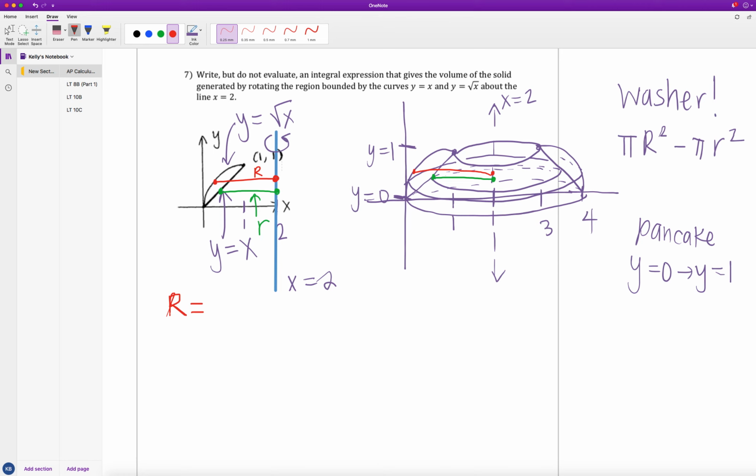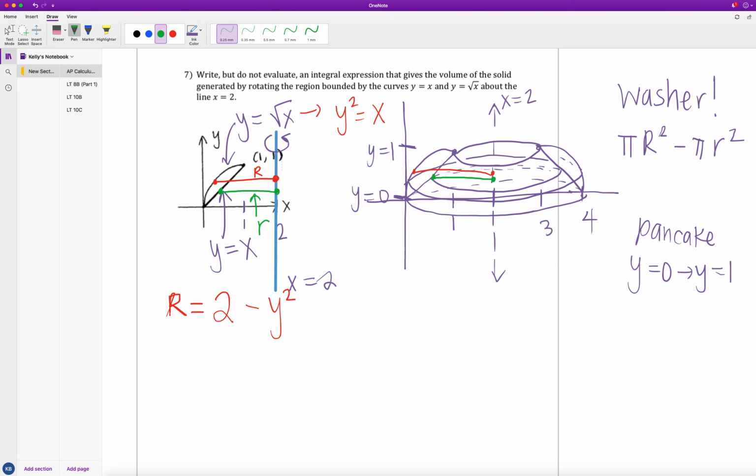Well, my right curve here is x equals 2, so that's my axis of revolution, minus the left curve here, which is coming from y equals the square root of x. Now I can't plug in the square root of x because I need to plug in a y value. So if I take this and I square both sides, we get y squared equals x, and that tells me that my leftmost curve is going to be y squared.